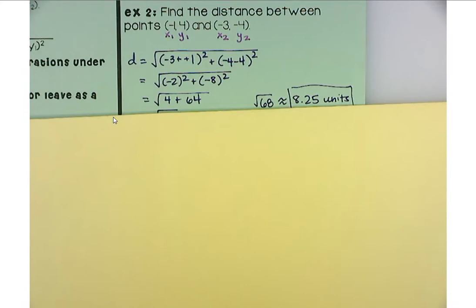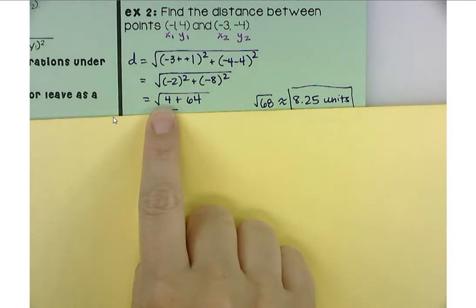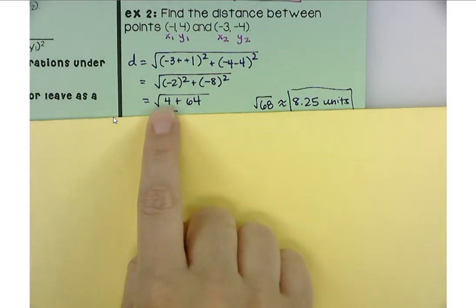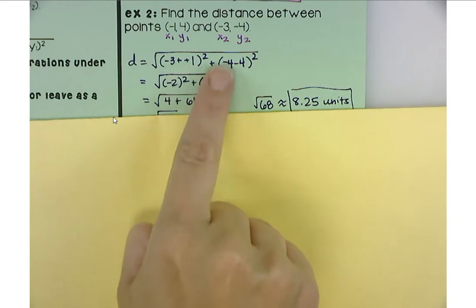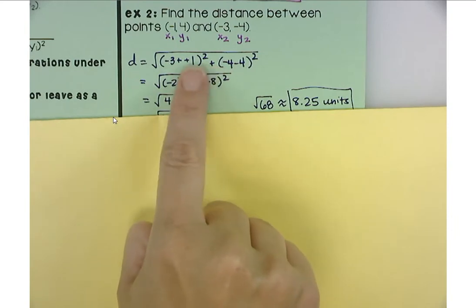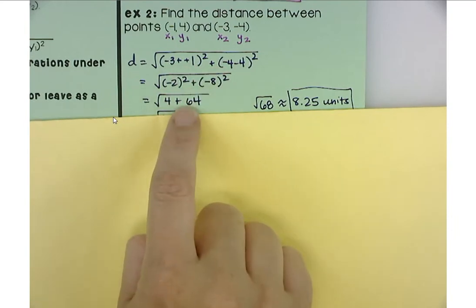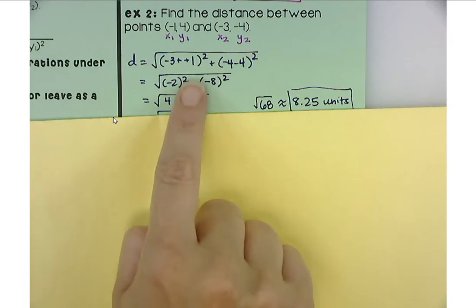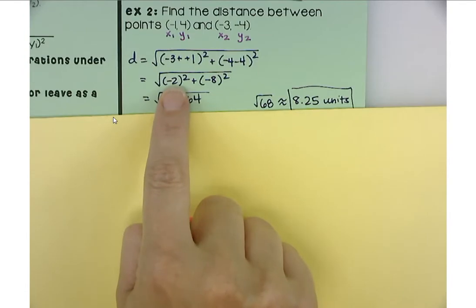So -3 plus 1 became -2. When I square -2, I get a +4. Anytime you square something, you should have a positive. Notice how both of these are squared. If both of these are squared, is the number underneath ever going to be negative? No, because you're always going to square them before you add them together.